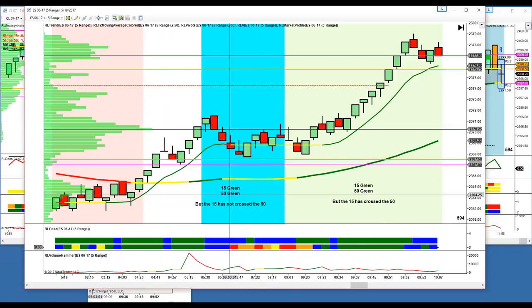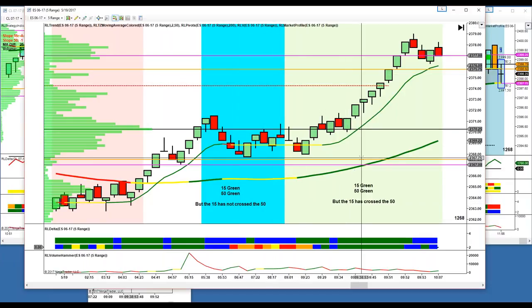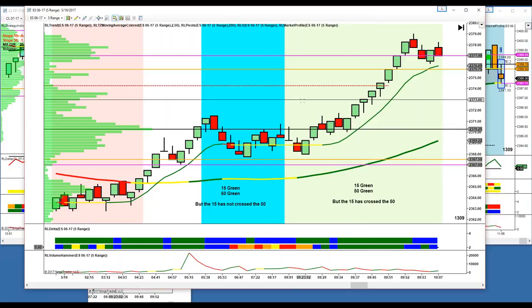Here, the 15 is green and the 50 is green, but the 15 hasn't crossed the 50 yet to the upside. So there's a more associated risk. So each of the colors other than green are slightly riskier trades to take. And the green background color is the color you're really looking for to take a long trade. That's where you're going to get your best trades.